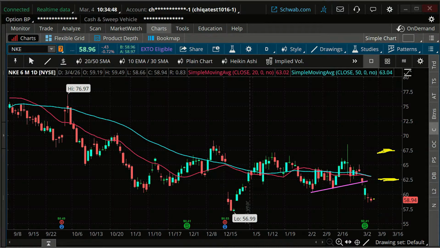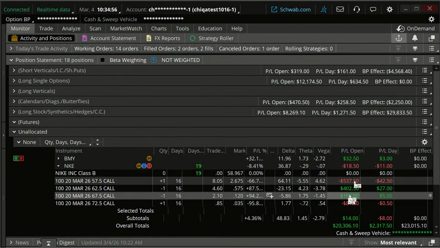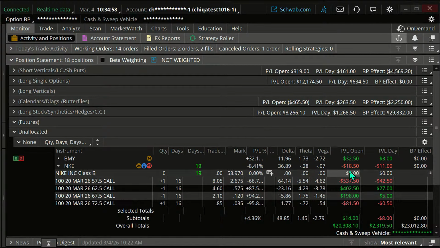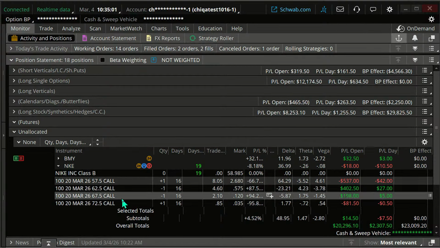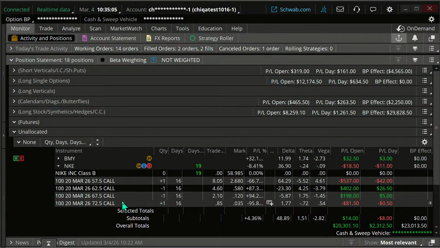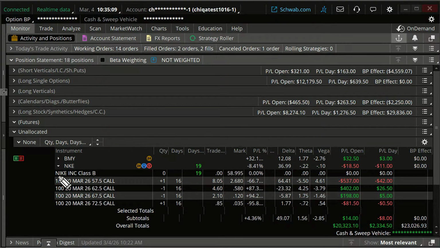If I can get out of this trade right now with a limited loss, $18 or whatever, that sounds like a reasonable scenario to me. So one thing I could do is just get out of one side of the trade and not the other side.